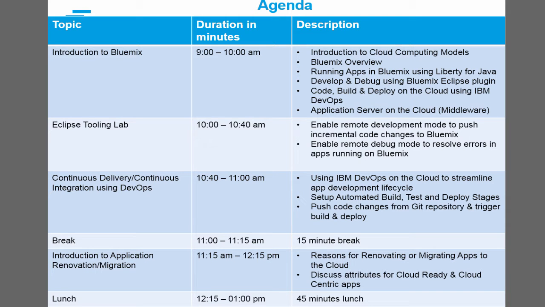For example, first thing in the morning, you could introduce Bluemix to the audience, give them cloud computing models, an overview of Bluemix, how they can run apps in Bluemix using Liberty for Java runtime, develop and debug using the Bluemix Eclipse plugin, and then code and deploy using IBM DevOps, as well as give a feel for the application server on the cloud middleware offering that is new and has gone GA in IBM Bluemix.